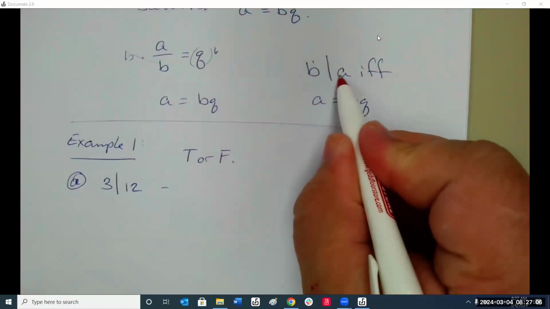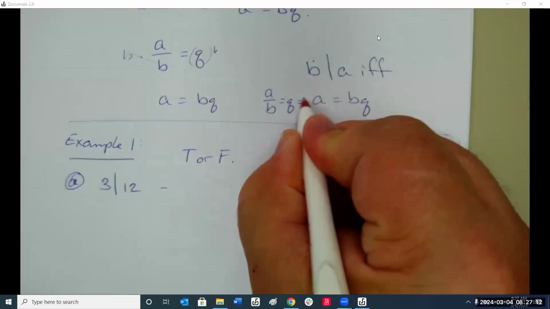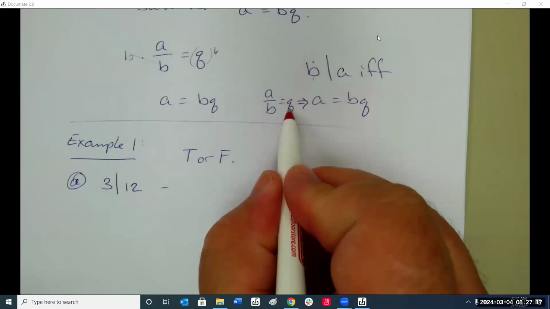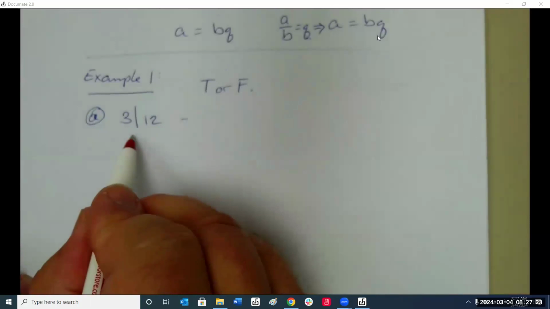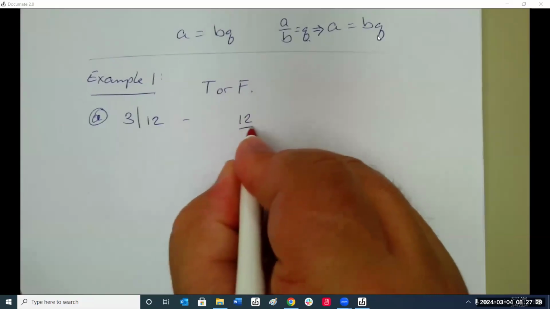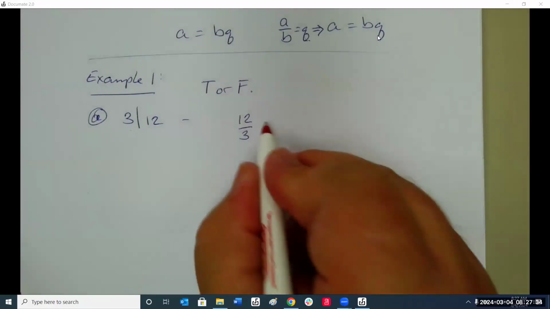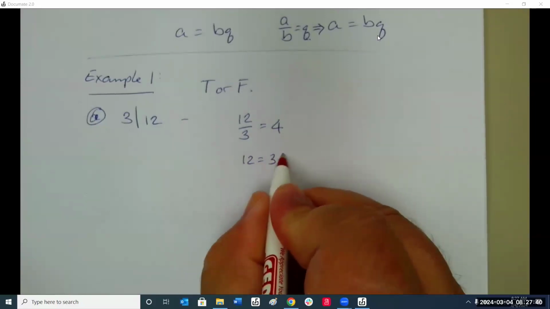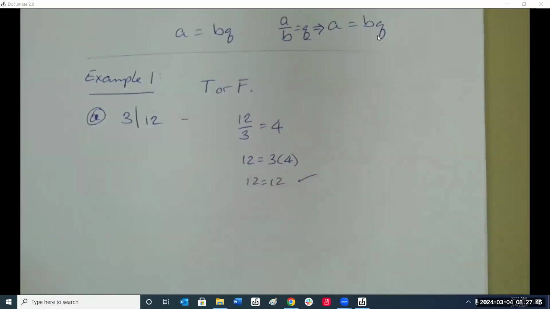B divides A means, and that implies that. So B divides A means that if that's true, it equals some Q number, that means it's a multiple. So how would we write this? B divides A. So this one means divides. Is that true? Yes. So it's true.